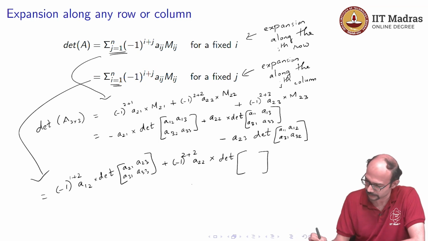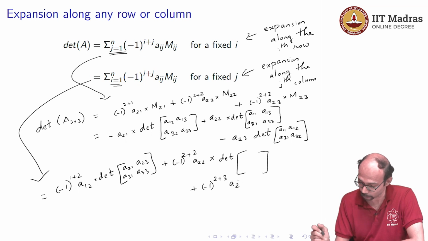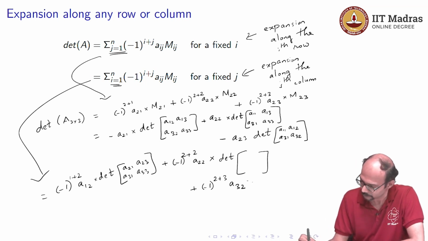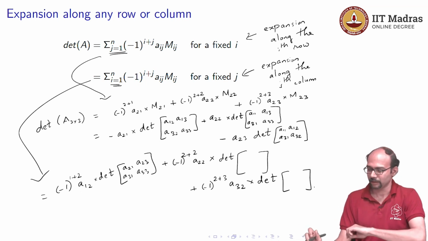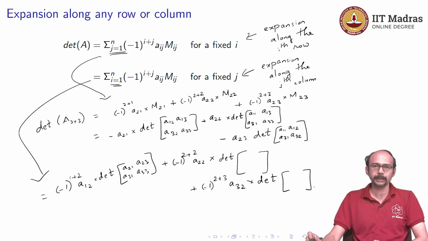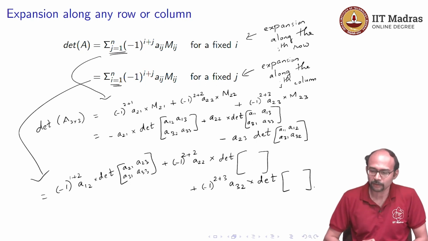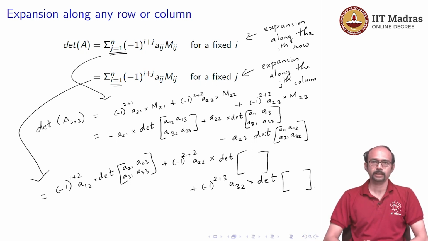I will encourage you to write this down, plus -1 to the power 3 plus 2, sorry, this was the second column. My bad, this is A32 times the determinant of the corresponding matrix you obtain, namely the minor.